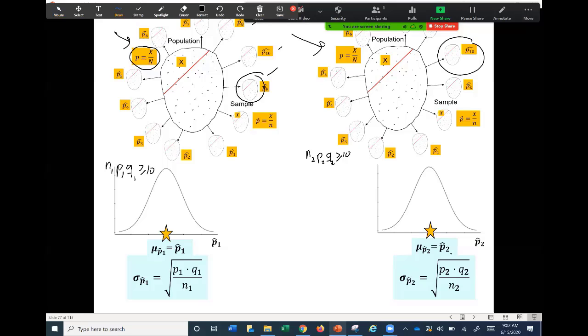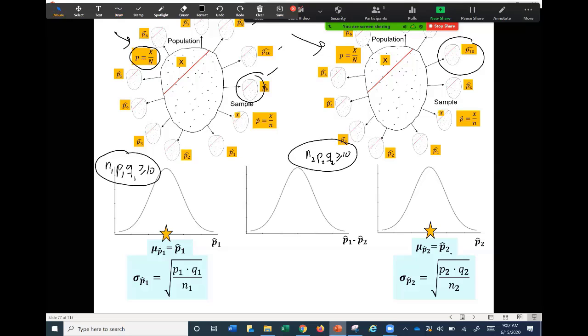The distribution of all these differences will follow a normal distribution when this condition and this condition are fulfilled. Then the distribution will also be normal for all differences. What is the center of the distribution? The center will be the difference between the two true parameters.